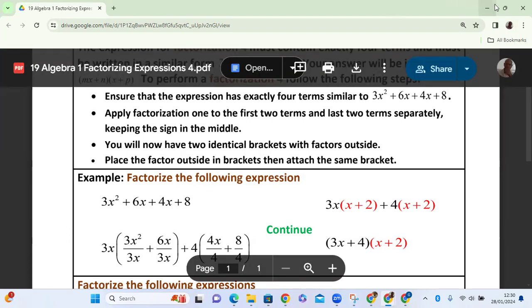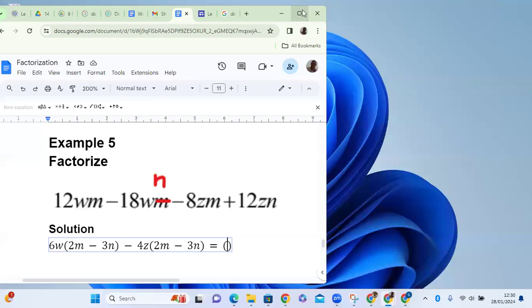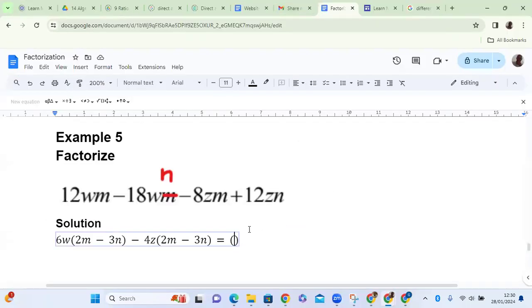That's factorization 1, because if you look carefully, you've got two terms. That whole 6W open bracket 2M minus 3N close bracket, that's a term. And then you have another term, 4Z open bracket 2M minus 3N close bracket, that's a term by itself.